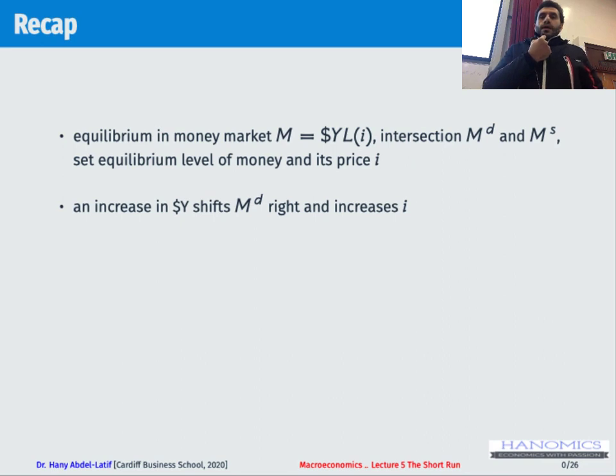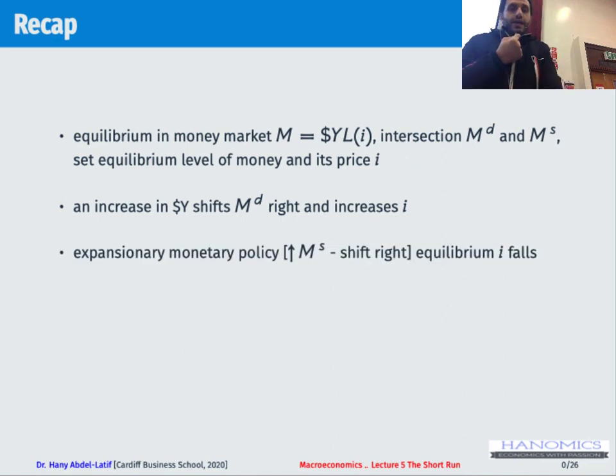An increase in nominal income would obviously increase the demand for money, and that will shift the demand for money curve to the right, and that means the interest rate will increase. Looking at how the equilibrium changes when the central bank changes money supply: if the central bank increases money supply, that vertical line will shift to the right, and that means the interest rate will fall.